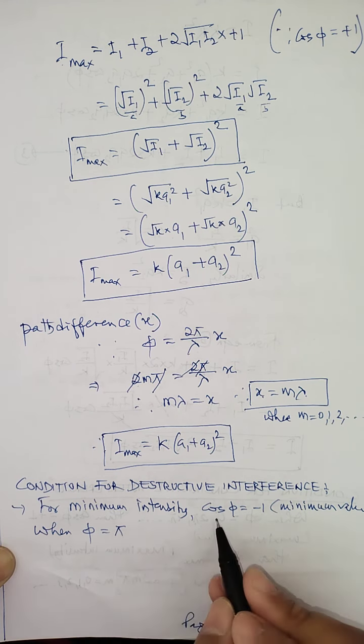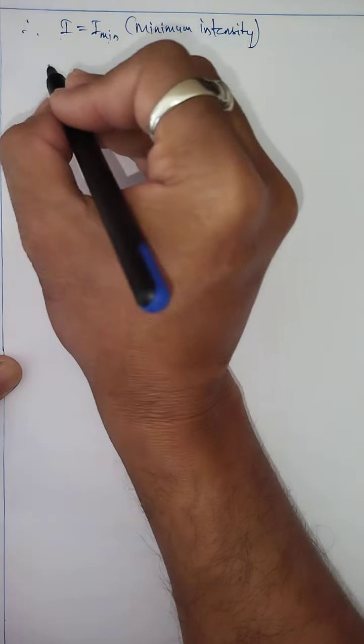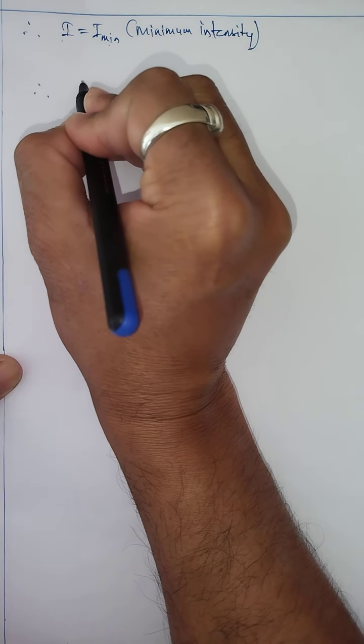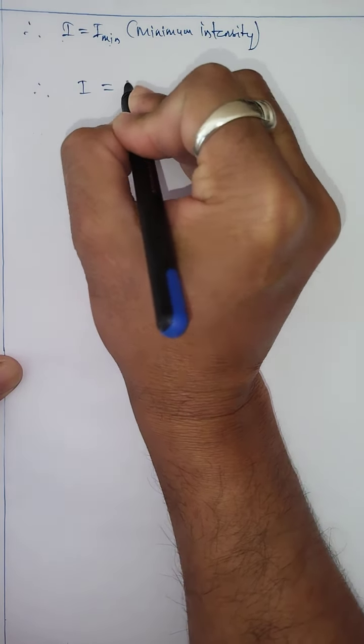So children, we can now measure the minimum intensity. That means I becomes I minimum when cos of phi is -1. So let me write the formula. You know the formula is I equals I1 plus I2 plus 2 square root of I1 I2 cos of phi, the formula.